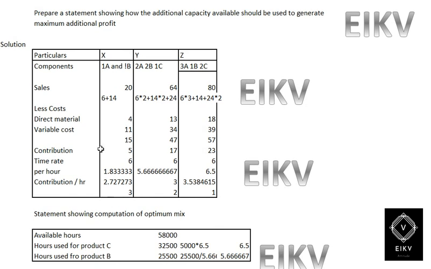Then when we subtract the total variable cost from sales, we will get the contribution per unit, and then we can divide it by time. Time is 6 per hour, so when we divide, we get the contribution per hour, which is 1.8, 5.6 and 6.5.